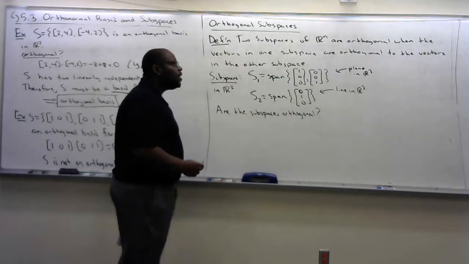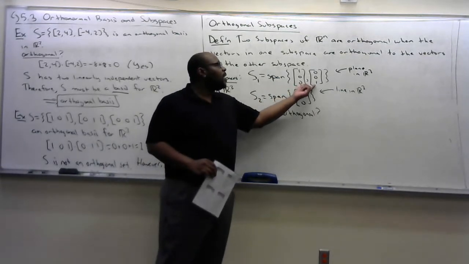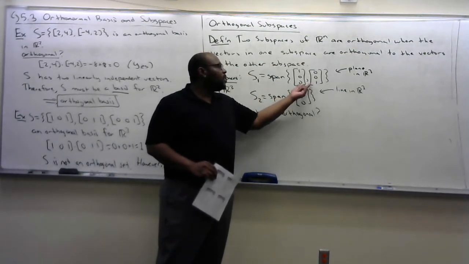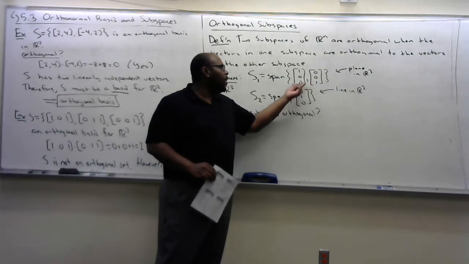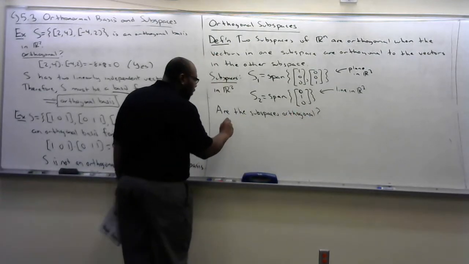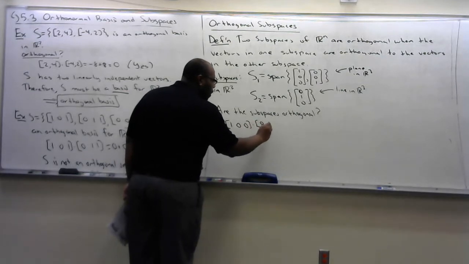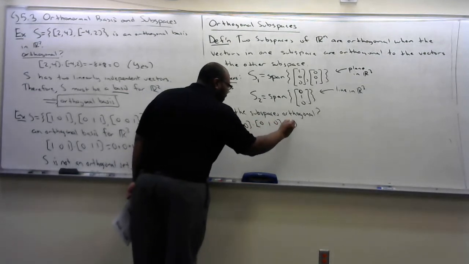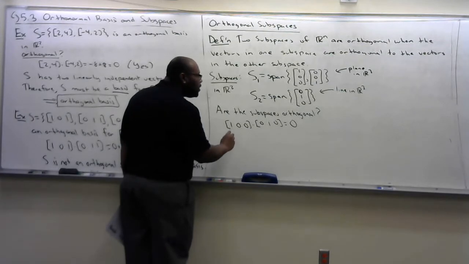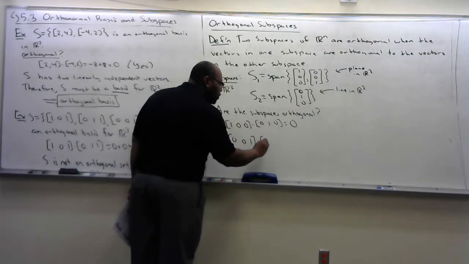And the answer is yes, they are. Note that I don't check to see if the vectors inside the subspace are orthogonal. I just check whether the basis vectors of S1 are orthogonal to the basis vectors of S2. Is 1, 0, 0 orthogonal to 0, 1, 0? Yes. Is 0, 0, 1 orthogonal to 0, 1, 0?